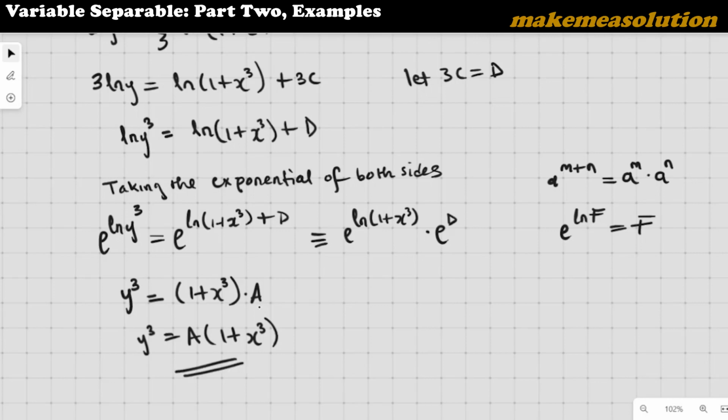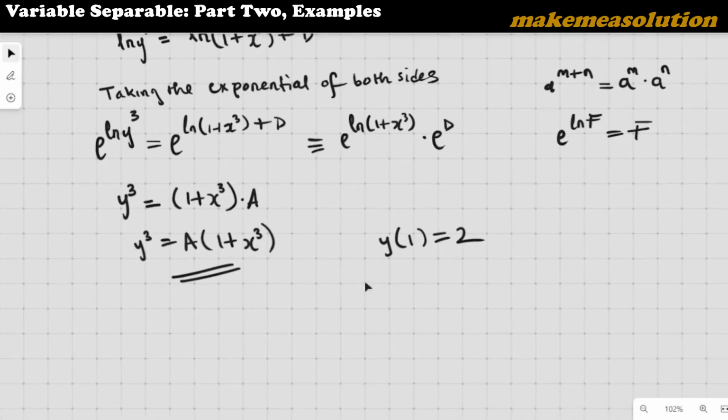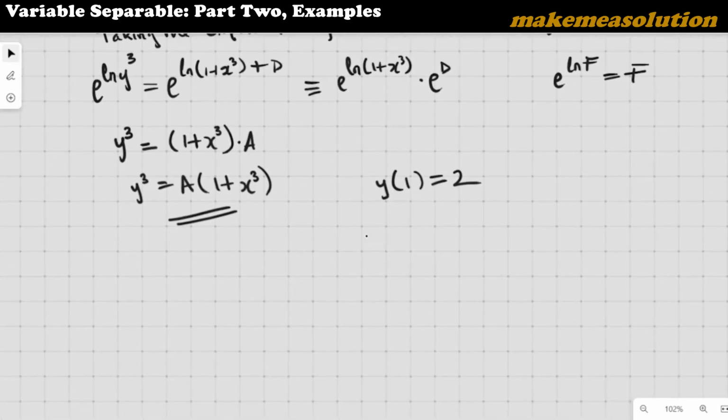So we were given the IVP that y of 1 is 2. Since y of 1 is 2, you have to apply the values in this equation. Remember, y is equal to 2 for x equal to 1.